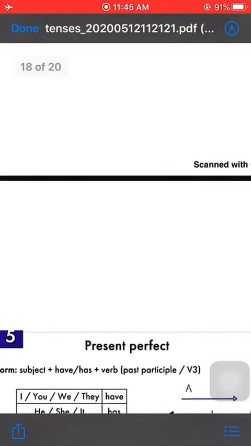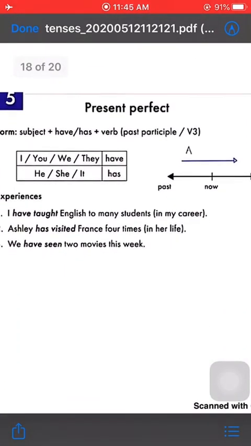Yes. Present perfect. We make the present perfect with a subject plus has, have plus verb third form. Now very important.